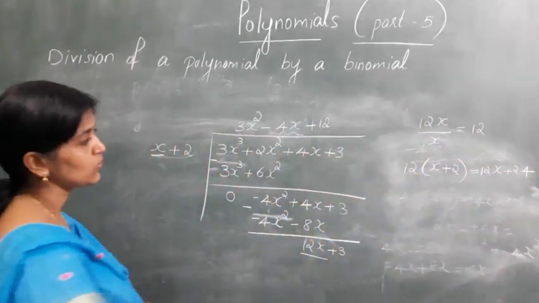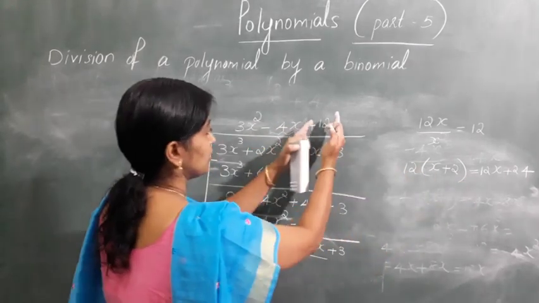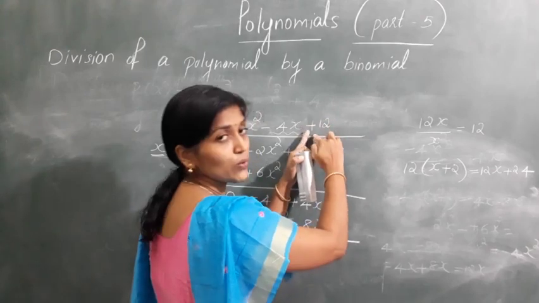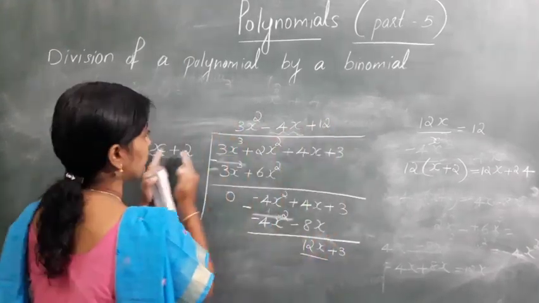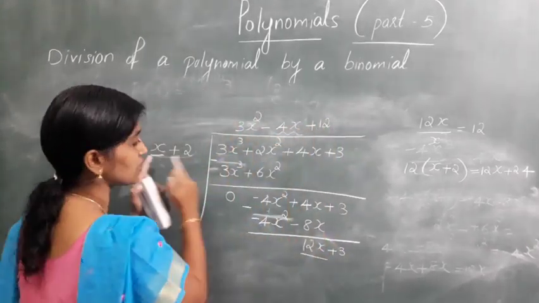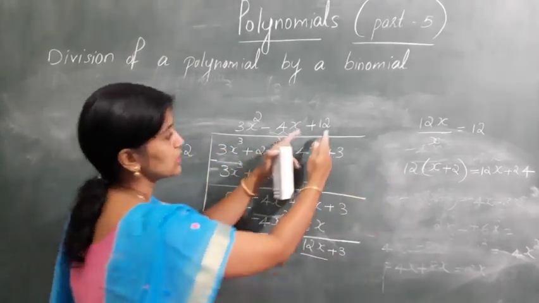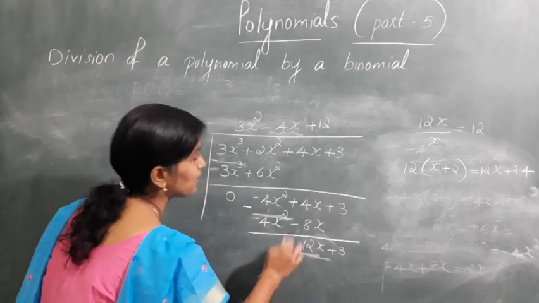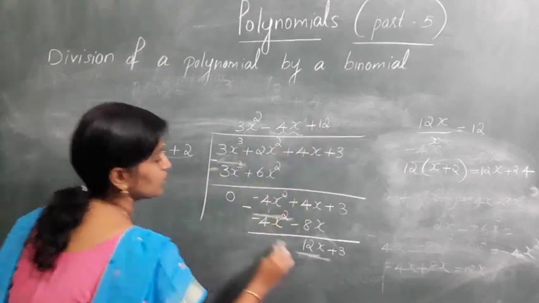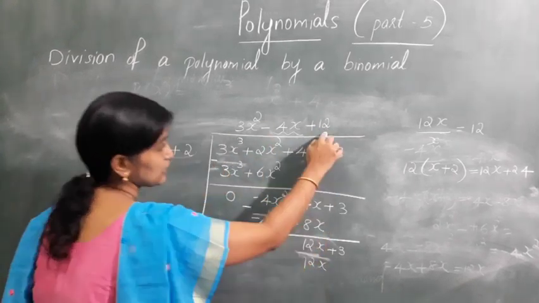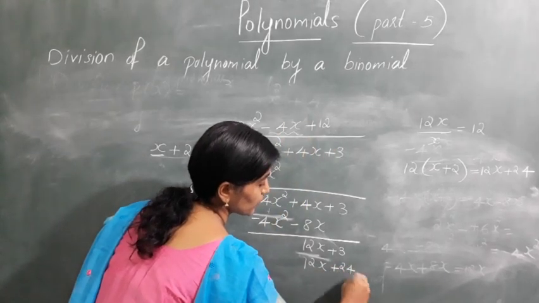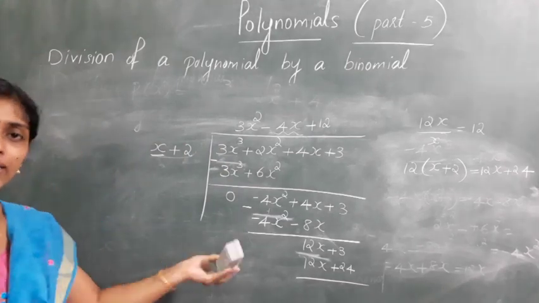Take this new term of the quotient with its sign and multiply. Positive 12 into x is 12x. Positive 12 into 2 is plus 24.